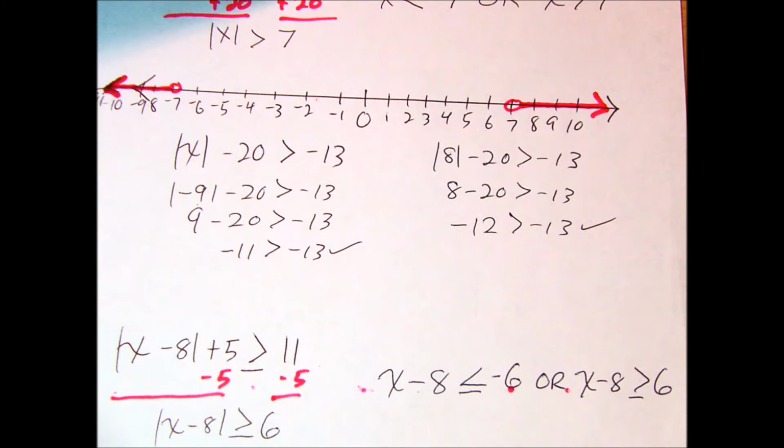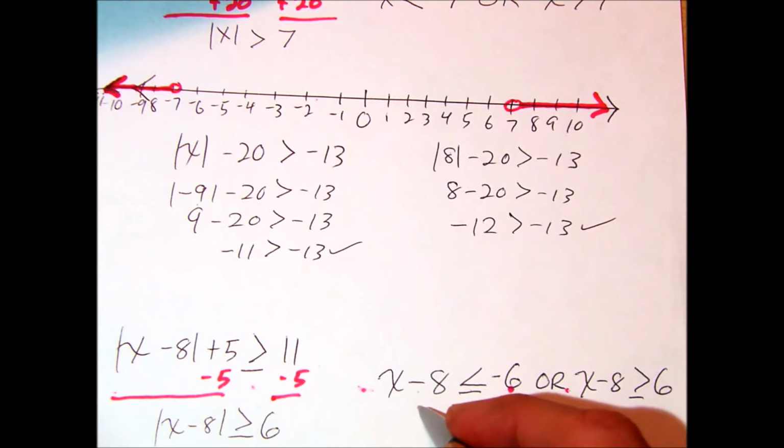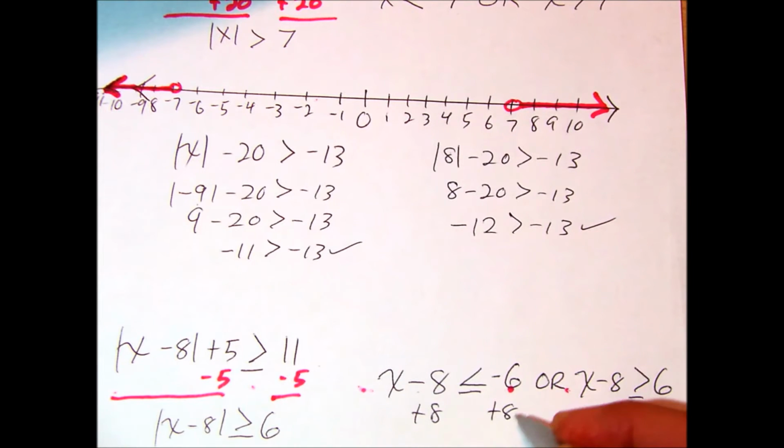Okay, so then I want to isolate my variable. So I'll add 8 to both sides here. And this will give me x is less than or equal to 2, because I have a negative 6 here. And add 8 to both sides here. Gives me x is greater than or equal to 14.